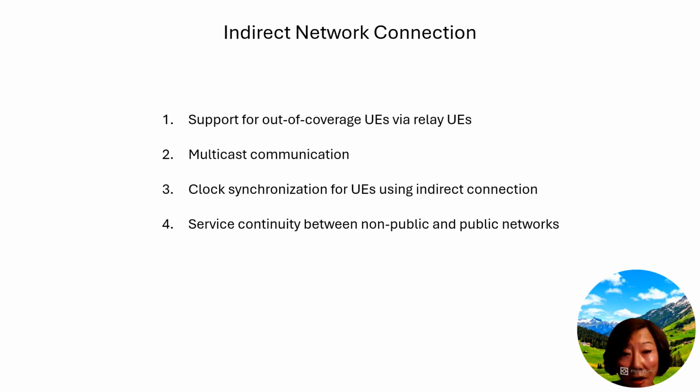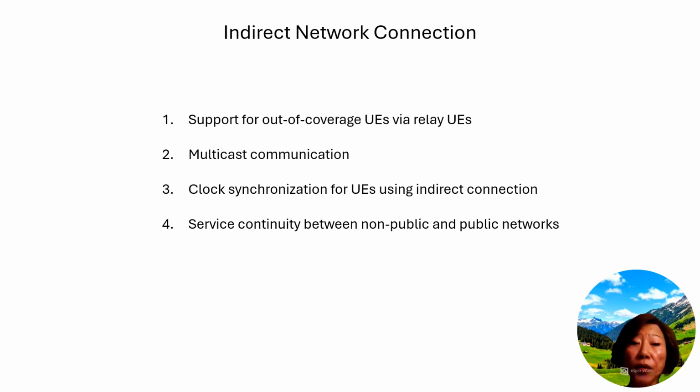Now, indirect network connection, where one UE relays traffic for another, presents unique challenges. The system needs to manage the additional hop in the communication path, which adds latency and potential points of failure. Supporting multicast in this scenario requires efficient routing protocols.